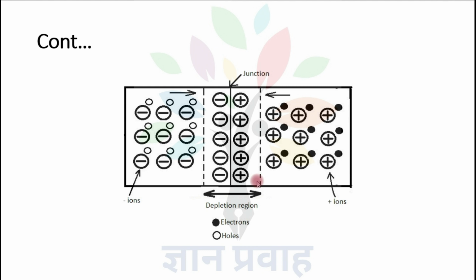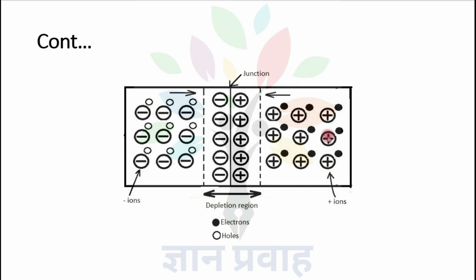And for current conduction, this barrier potential must be broken to flow the current, or for the movement of the charge carriers. So there is no biasing of this PN junction diode. It means naturally there is a diffusion process. Diffusion process is the concentration gradient process in which naturally the charge carriers are moving from higher concentration to lower concentration. So in P side material, majority charge carriers are the holes.